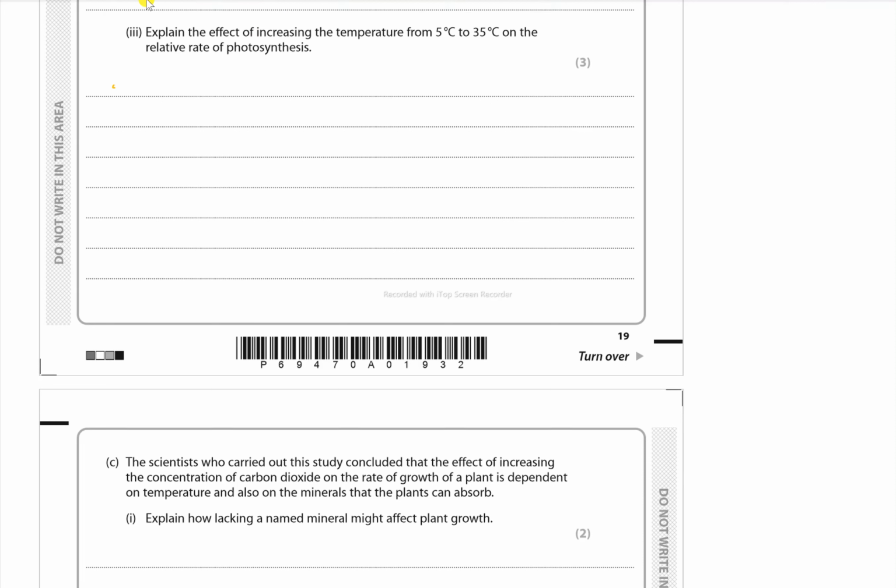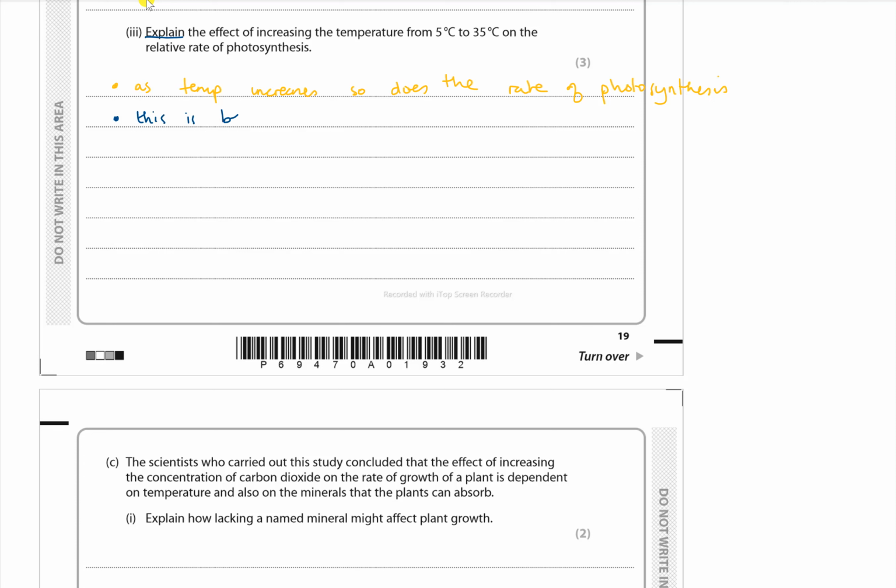The first and most obvious thing is as temperature increases, so does the relative rate of photosynthesis. Okay. Now, what's the next thing we need to look at? What's the explanation?